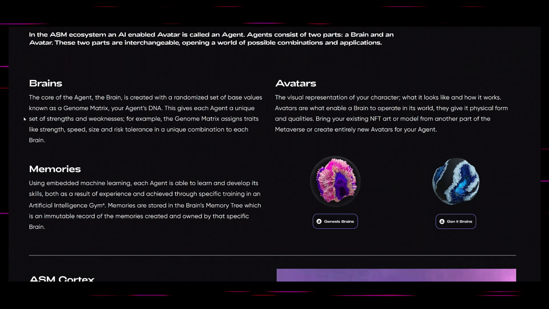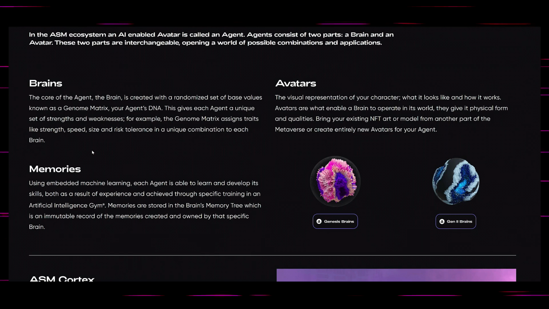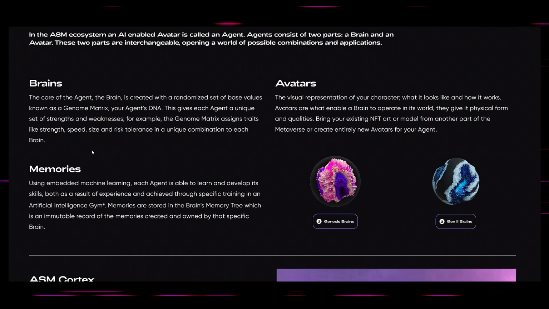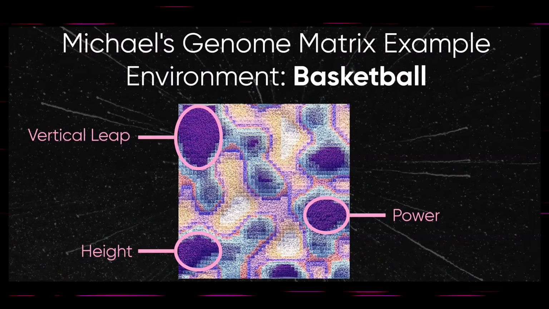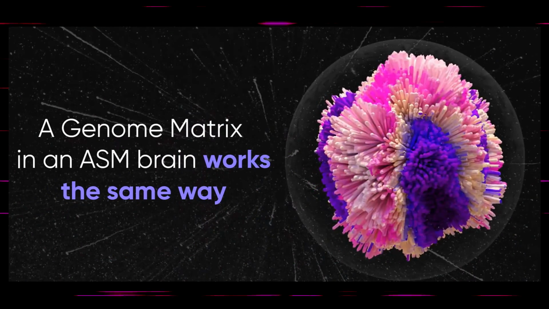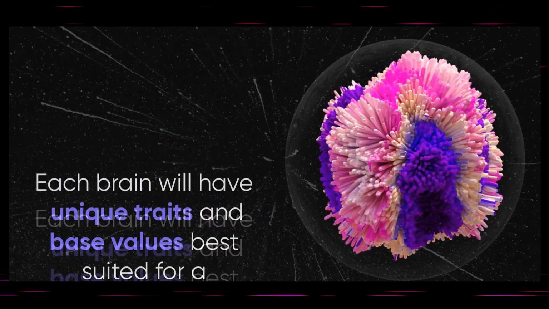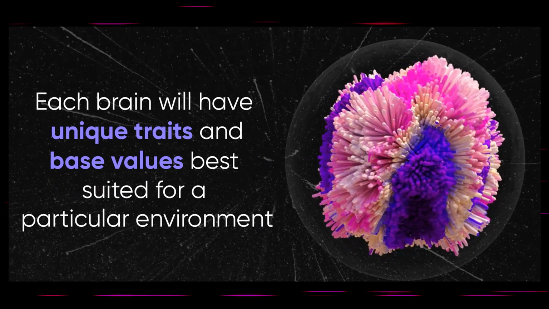So brains, the core of the agent. The brain is created with a randomized set of base values known as a genome matrix, your agent's DNA. This gives each agent a unique set of strengths and weaknesses. For example, the genome matrix assigns traits like strength, speed, size, and risk tolerance in a unique combination to each brain.